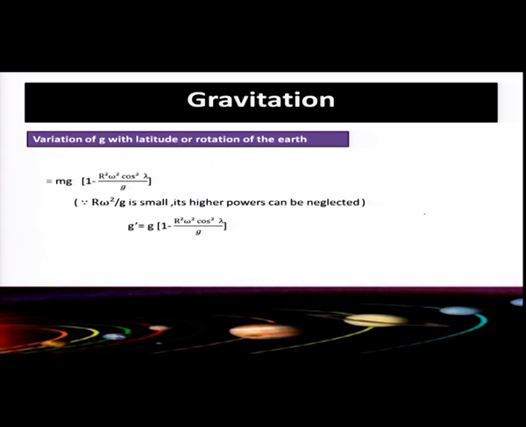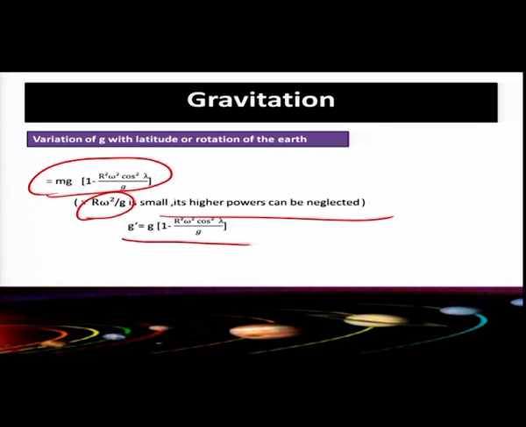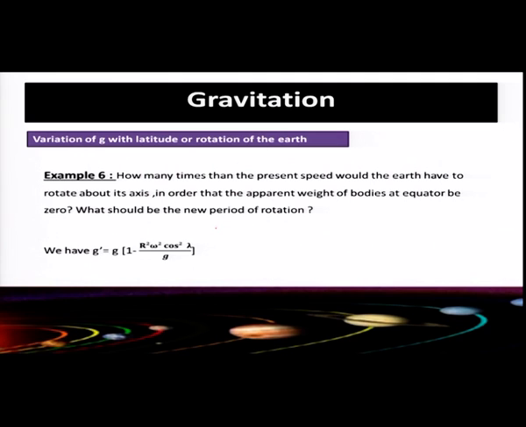Simplifying, the expression turns out to be mg into 1 minus r omega squared cos squared lambda by g. Since r omega squared by g is small, its higher powers can be neglected. Therefore g dash is equal to g into 1 minus r omega squared cos squared lambda by g.